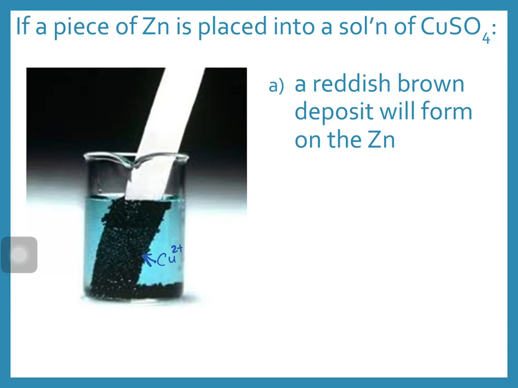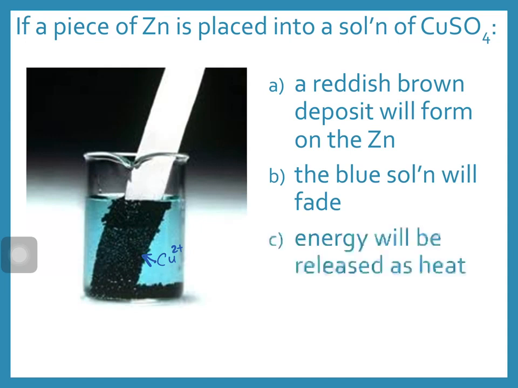And then zinc from the strip is going to be replacing the copper in solution. So the color of the solution comes from the copper ions. As the copper ions are leaving the solution and depositing on the zinc, that blue color is going to fade. And then there's also going to be energy released as heat.